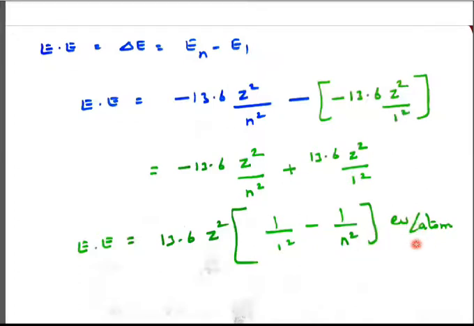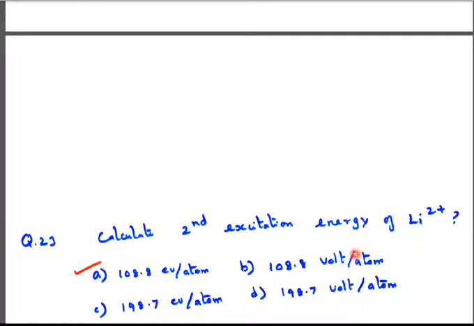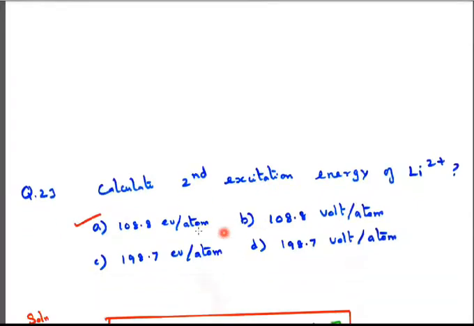So electron volt per atom is the unit, and the formula for excitation energy is 13.6 z square into 1 by 1 square minus 1 by n square, for the nth level. Based on the excitation energy, let us see one problem.